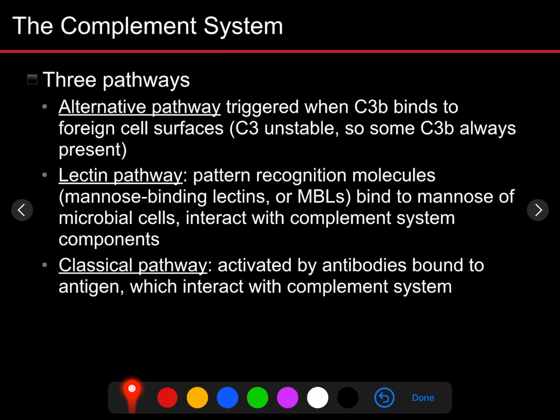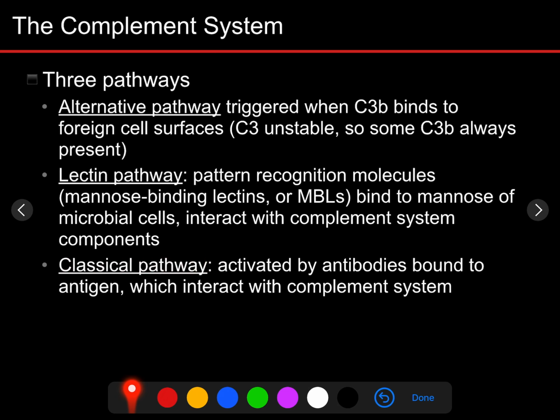And this is where the crosstalk with the acquired immune system comes in. One of the ways that antibodies can act to protect you is to activate the complement system against bacteria, usually bacteria, that it labels. So that's a thing that antibodies can do. They activate the complement system through the classical pathway.